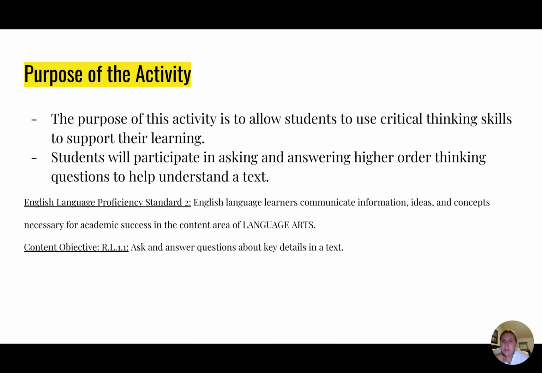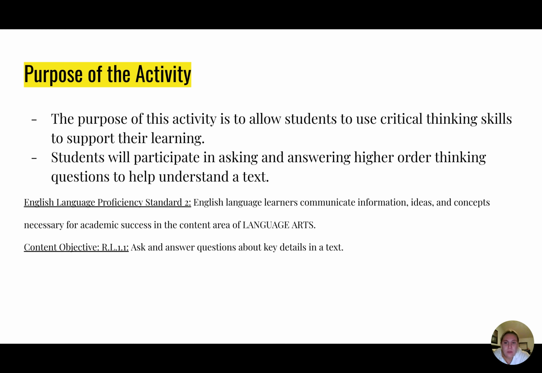For the purpose of this activity, it's to allow students to use critical thinking skills to support their learning. Students are going to participate in asking and answering higher order thinking questions to help understand a text. For my English language proficiency standard, English language learners will communicate information, ideas, and concepts necessary for academic success in the content area of language arts.